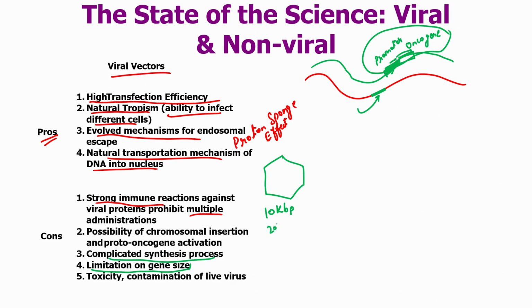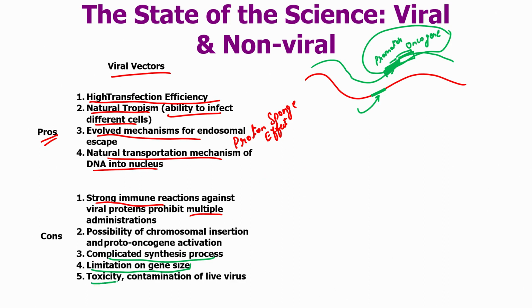It may have some stretchability, so you can add maybe a few kilo base pairs, but eventually you can't really put 100 kilo base pair in there. It's just too big to be loaded into the space given in the viral shell. So, if your gene is big, you have to look for some other way.